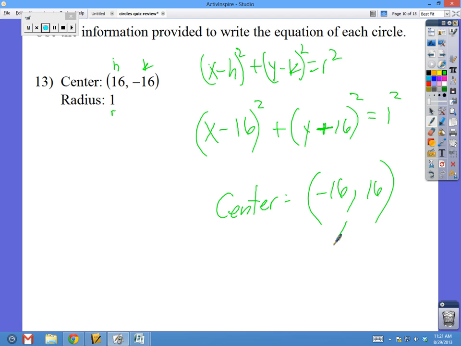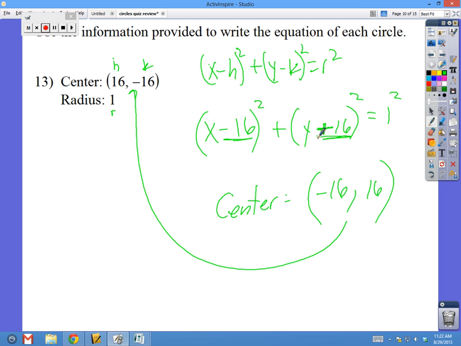The center should be the opposite: positive 16, negative. Why is the center not this guy and this guy? When you put them into the formula, it changes them to the opposite of what they are.